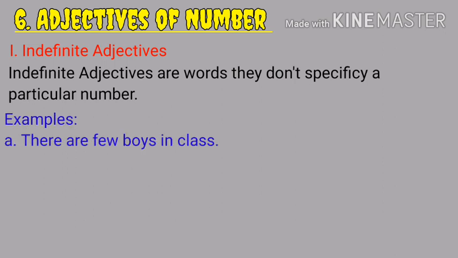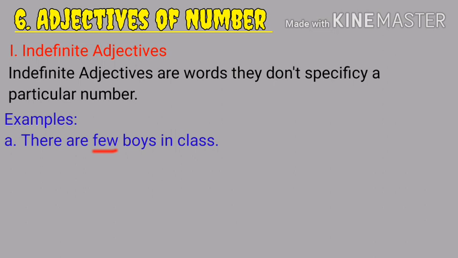For examples, there are few boys in the class. In the sentence, the word few is indefinite adjective of number because it does not specify exact number of noun, that is boy.